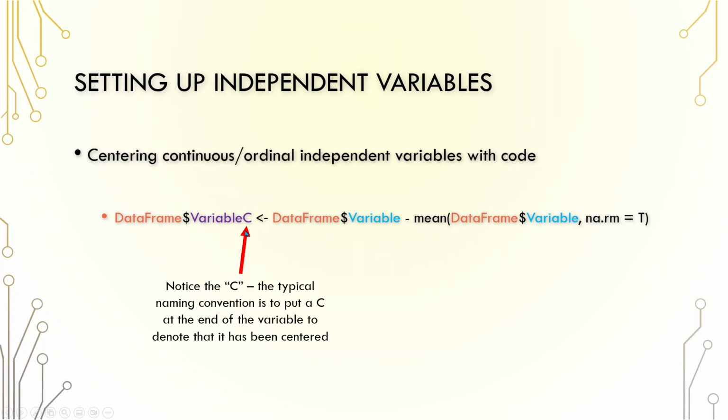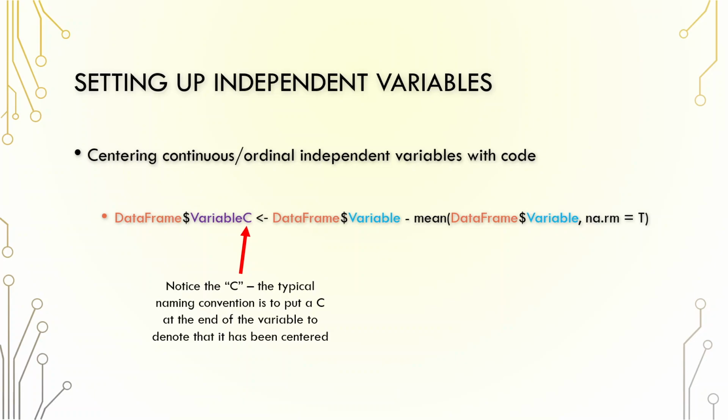C is just a common notation to mean this has been centered. So same name and then just a C on the end of it. Then I assign data frame dollar sign the original variable, and I subtract from that the function mean, data frame, dollar sign, and the variable name. And then this option na.rm equals TRUE. So I'm saying if there are any missing values, just skip over those.